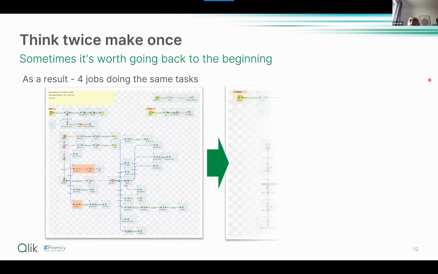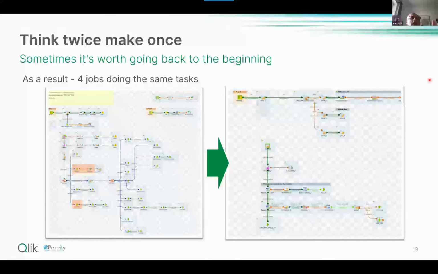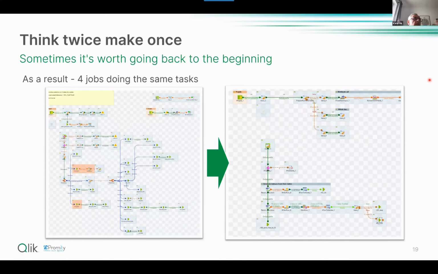As a result of the whole project, 4 jobs have been created. All those jobs, as I said, are much simpler. You can compare the master job on the left-hand side to the master job on the right-hand side.